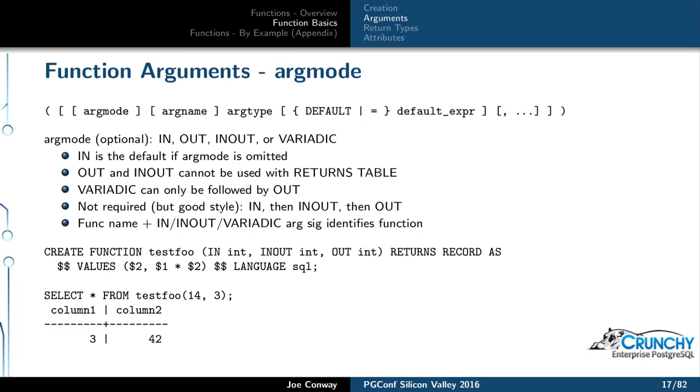You can actually use the values clause just as if it were a select. So you can say values and in parens a set of values, and that's just like saying select those two values. When I call this function, you notice I took the second argument and I'm outputting that first, and then I'm multiplying the two arguments, so when I call this as 14, 3, I get 3 and 42. Any questions about that?